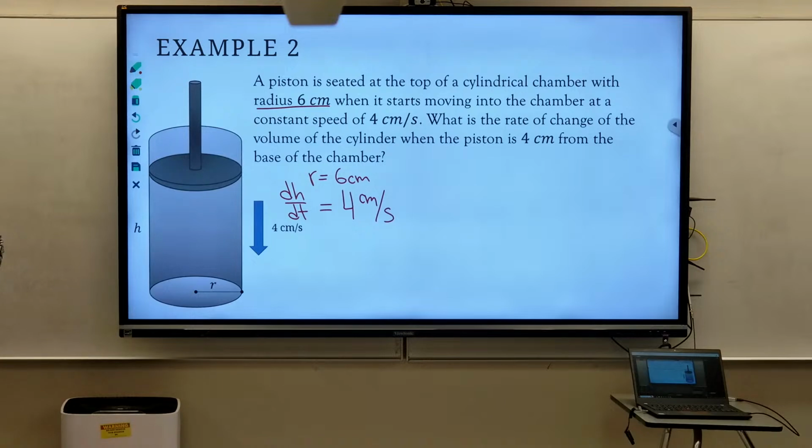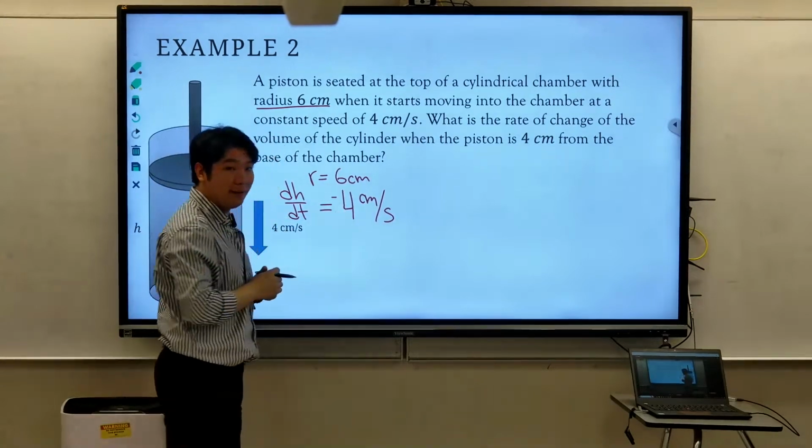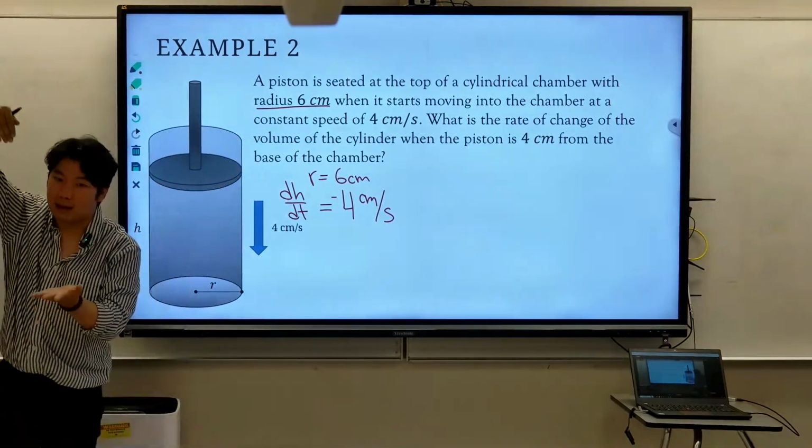But there's one slight extra thing we have to do here. As this piston goes down, is my height increasing or decreasing in my cylinder? It's decreasing. The piston's going down. My air chamber is having a shorter height as I go down. That tells me that this should actually be negative 4 centimeters per second because the height is getting smaller.